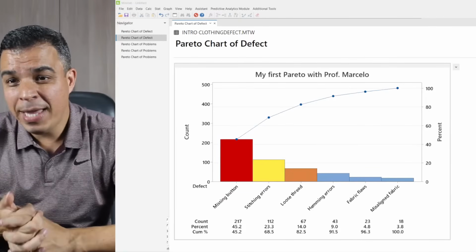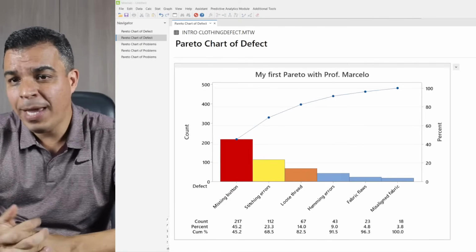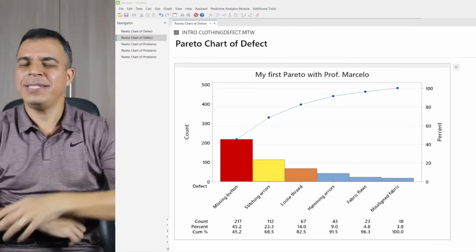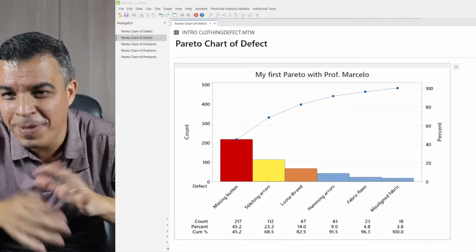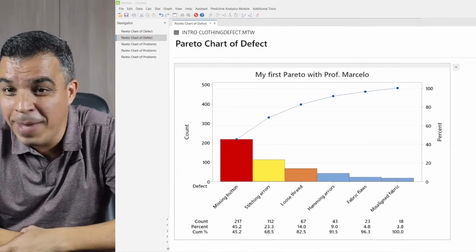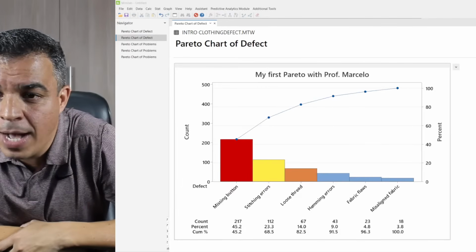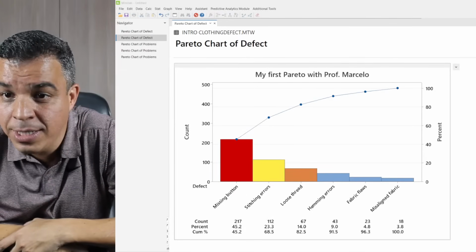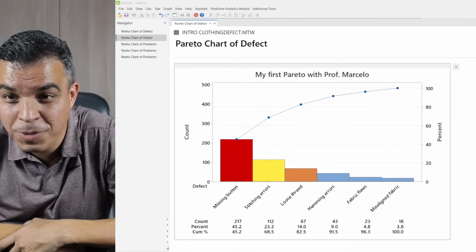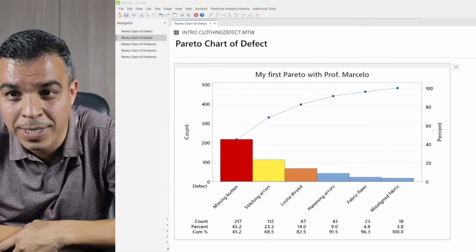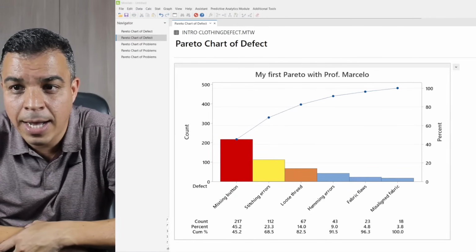What's the main benefit of Pareto? Let me ask you guys, in one word, type here for me, everybody. What's the main benefit of Pareto? I love Brian, your response is right. I'm going to explore that.